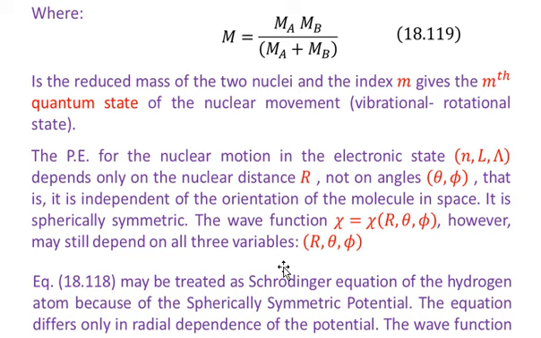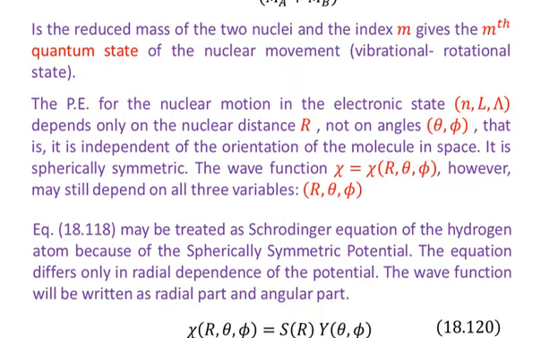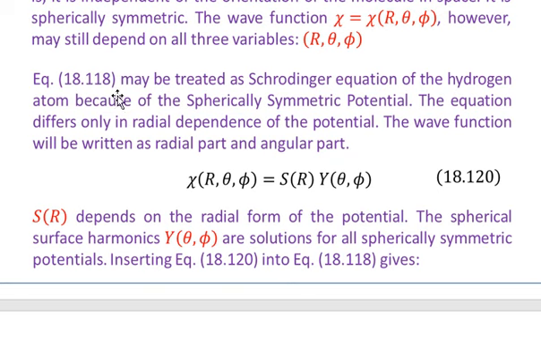When we talk about the electronic state, it depends only on the nuclear separation capital R and is independent of theta and phi, whereas the wave function chi still depends upon the three variables R, theta and phi. Equation number 118 may be treated as a Schrodinger equation of the hydrogen atom because of the spherically symmetric potential.